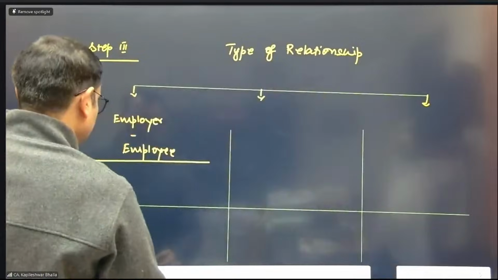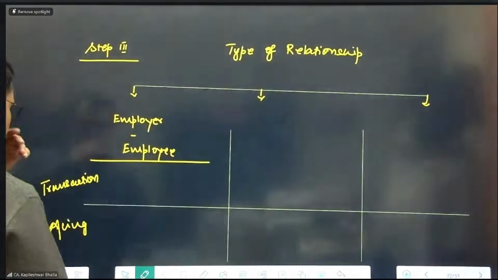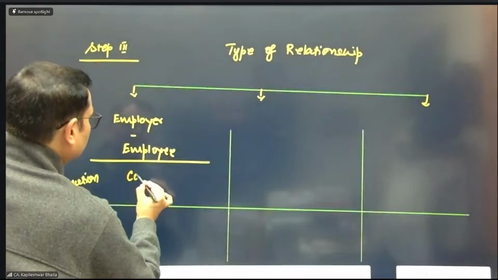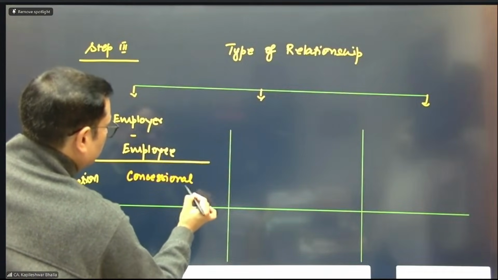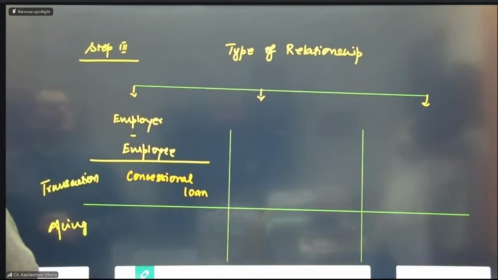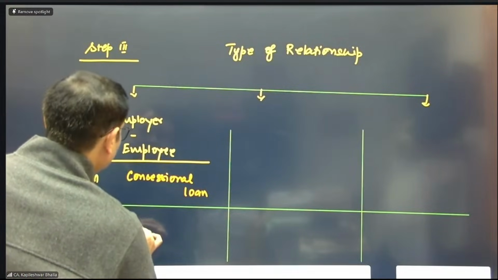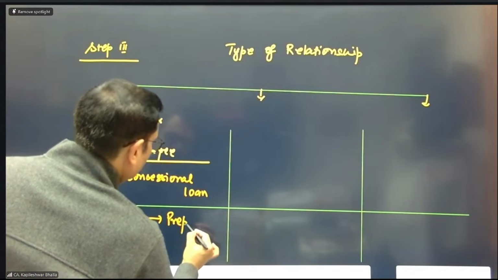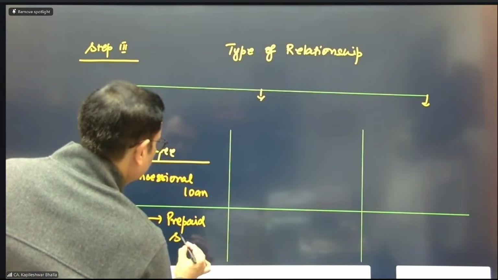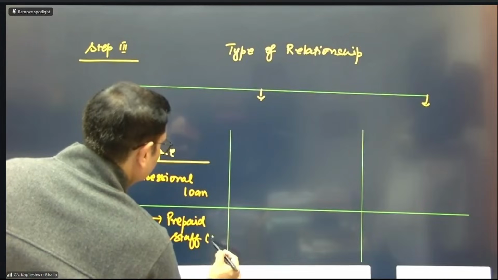In this particular case, the transaction would be a concessional loan. And if it is a concessional loan, the difference is going to be treated as a prepaid staff cost.